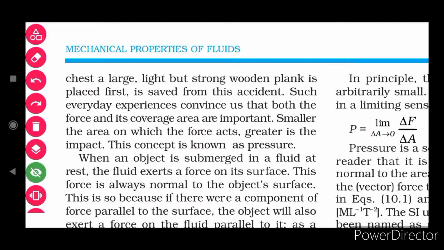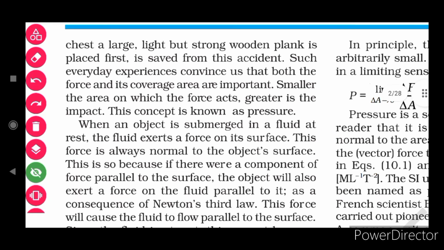Because the force of the elephant's foot is distributed, each point is getting less force, and the pressure, the force per unit area, is less. Hence his life is saved.